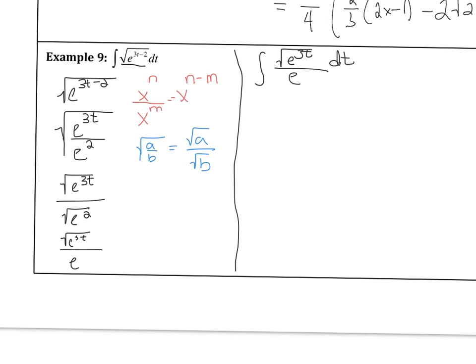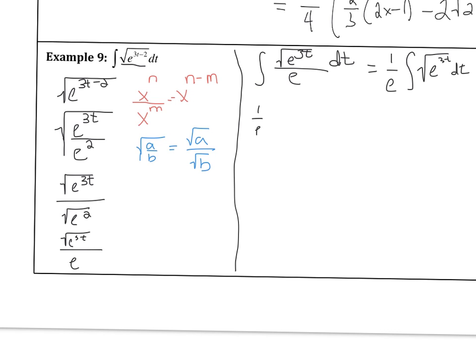And now here's the thing, remember, e is just a number. That's a constant, so I can actually write this as 1 over e on the outside and then write my integral, e to the 3t dt. Furthermore, I will also remember that taking the square root of something is the same thing as raising it to the 1/2.